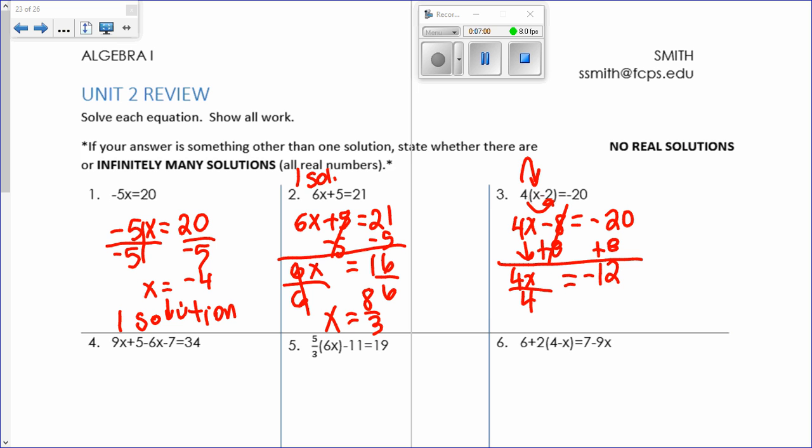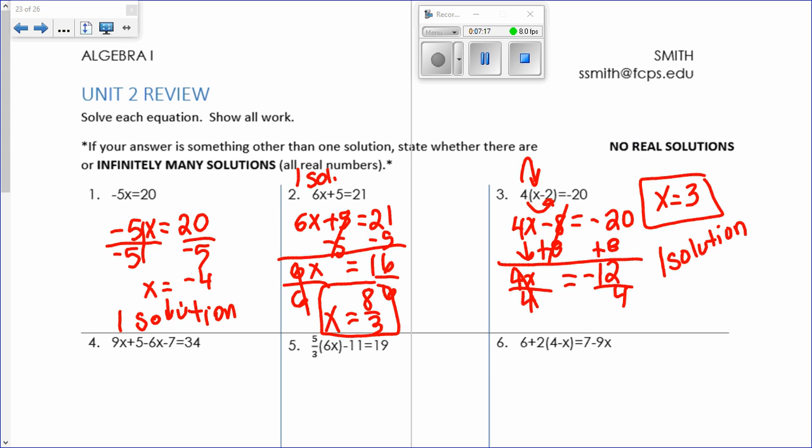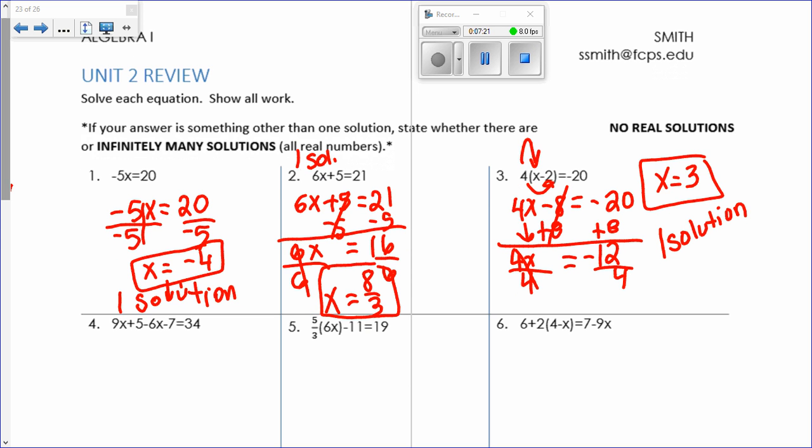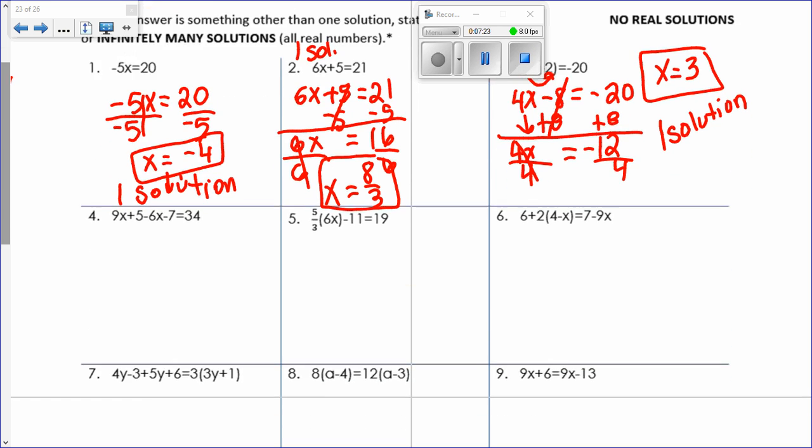You divide both sides by 4, and x equals 3. So make sure you're circling your answers and writing the number of solutions. And remember, when you get a variable equals a number, you're getting a one solution type of result.